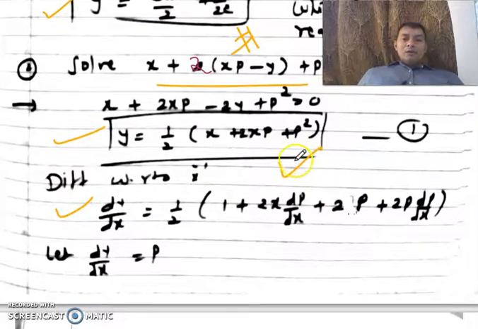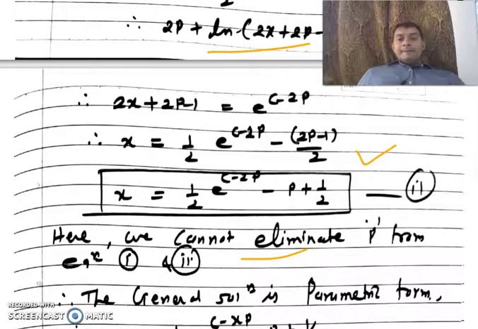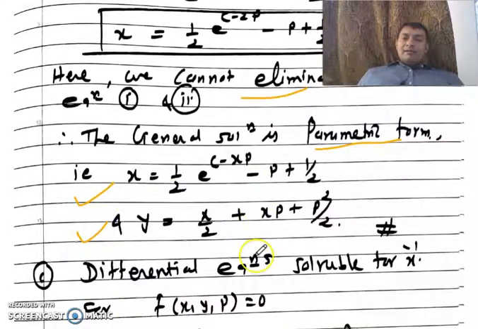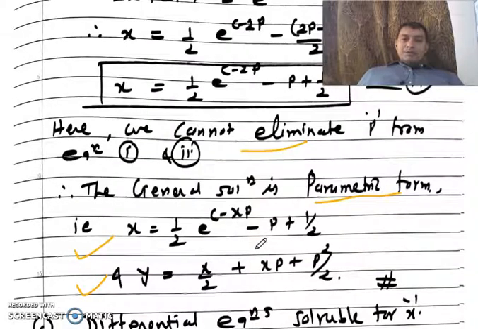From this we cannot eliminate p, because we cannot get p in terms of c. Therefore we can say that the general solution is in parametric form. So we assume that x and y are its general solution. So today I'm going to stop here.